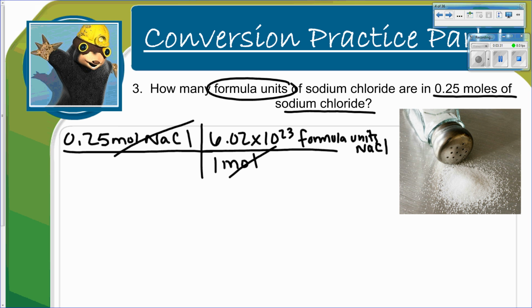Cross off your units. And once you solve that out, and go to the correct number of significant figures, which in this case is 2, it's going to be 1.5 times 10 to the 23rd formula units of NaCl.